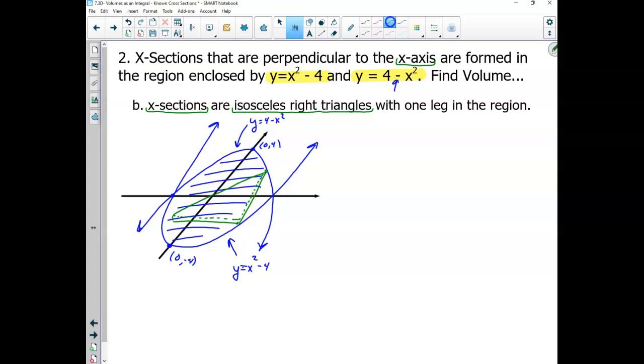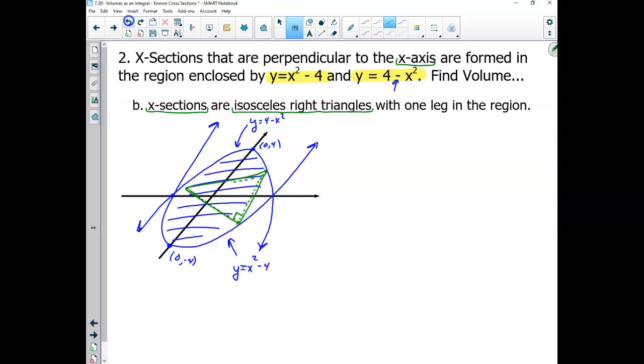I don't like how I drew that, though. It makes it look like it's sitting in the plane more. And I don't want it in the plane, so I'm going to draw it a little bit like this. There's my right angle.